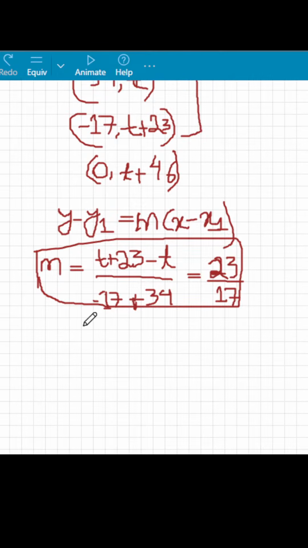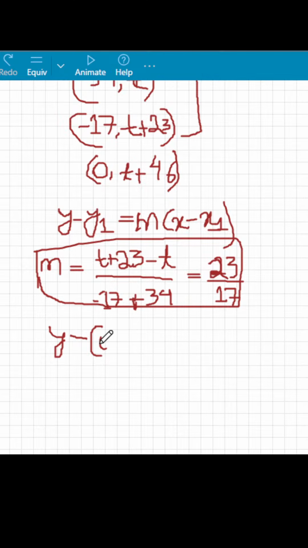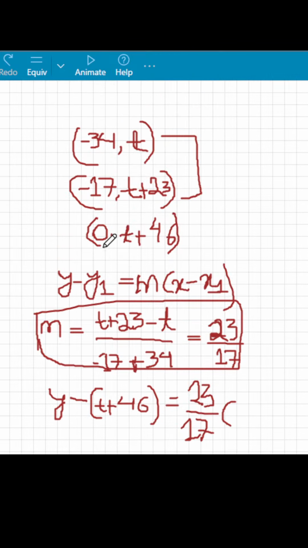Now let us put it in the slope and 1 point form to derive the equation. So y minus, let us use this point, 0 comma t plus 46. So we have y minus, the y coordinate is t plus 46, is equal to m, that is 23 by 17, and then we have x minus x1, and the x coordinate is 0, so we have x minus 0.